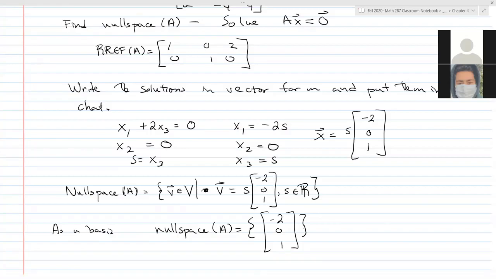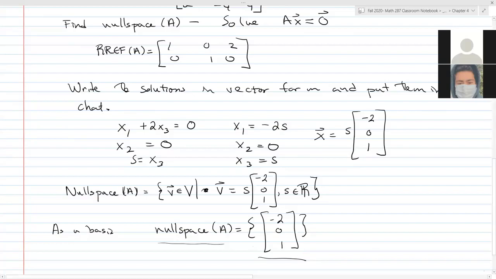Just like when we write the basis for the column space or the row space, we write just the column vectors, and sometimes you'll see it written with the word span. If we write the null space of A as this, there's an implication that what we're looking at is in fact a basis.